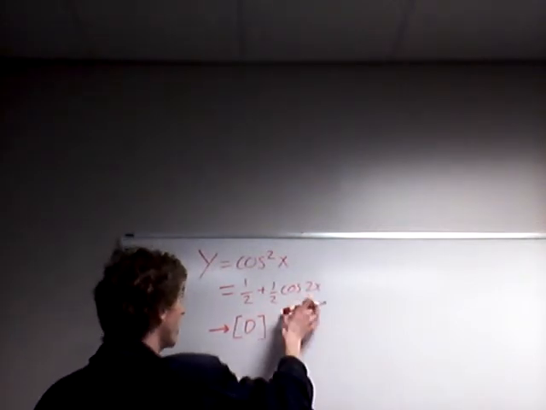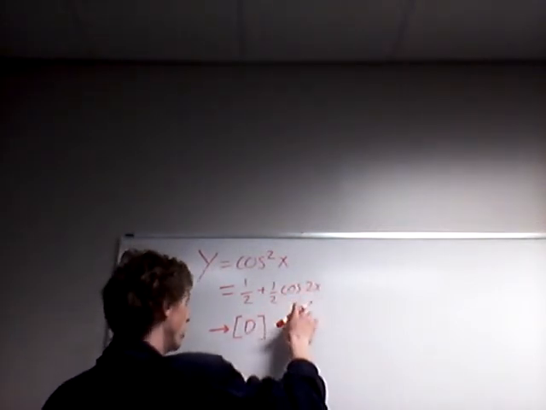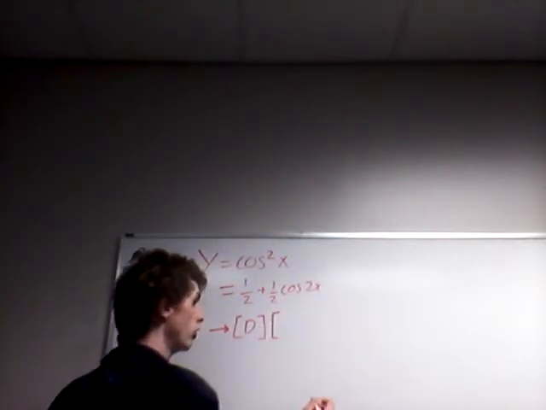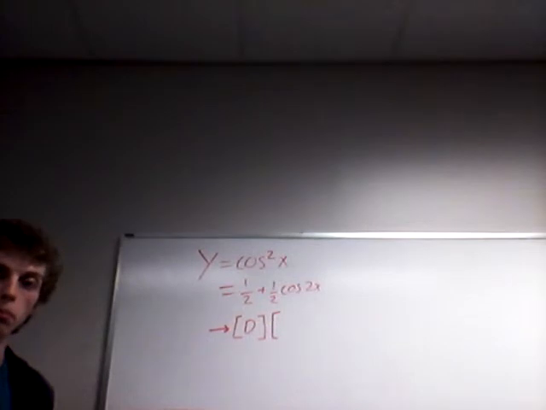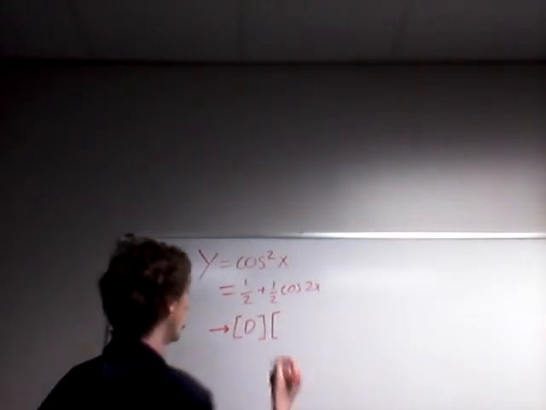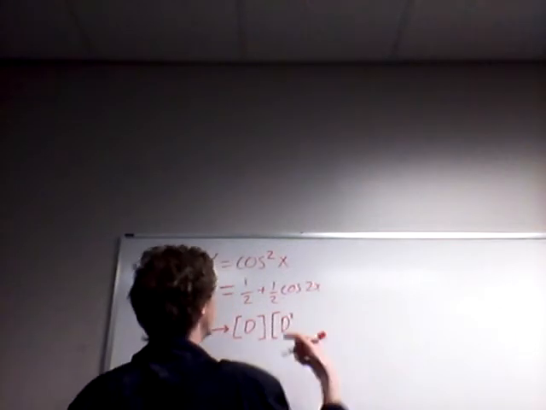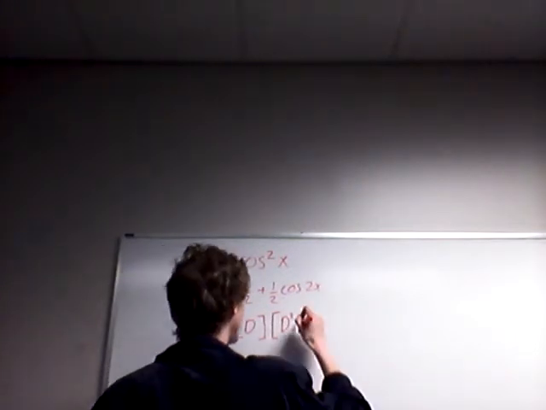I know that the annihilator of cosine or sine, in this case cosine, is just going to be D squared plus beta squared. So I have D squared, our beta is 2, so beta squared is 4, so D squared plus 4.